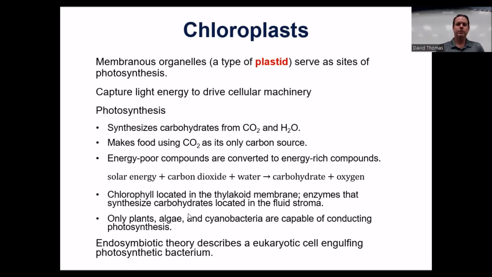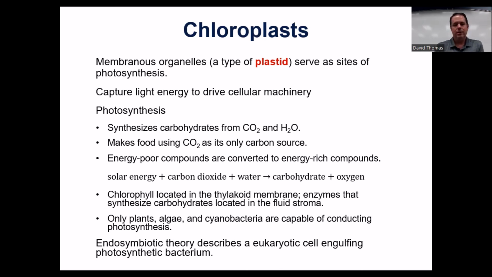That chlorophyll we mentioned is the pigment that becomes energized whenever light hits it, and it is located in the inner membrane of the chloroplast, in that thylakoid membrane. It goes through a series of enzymatic reactions, and we'll get to those types of reactions in another chapter. When we think about photosynthesis, we're thinking about plants, of course.